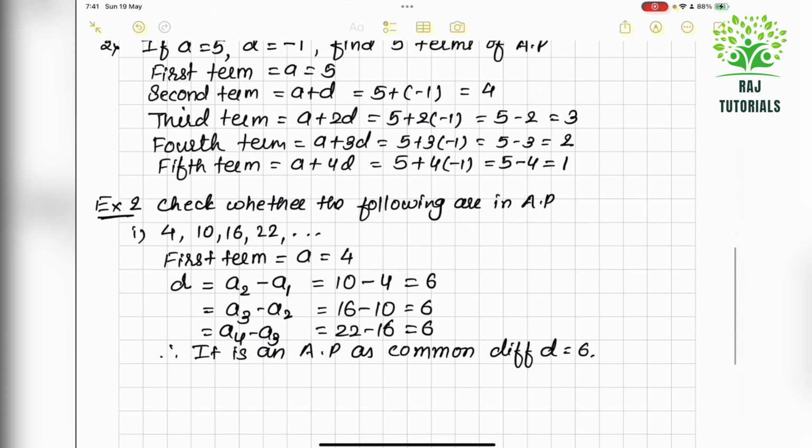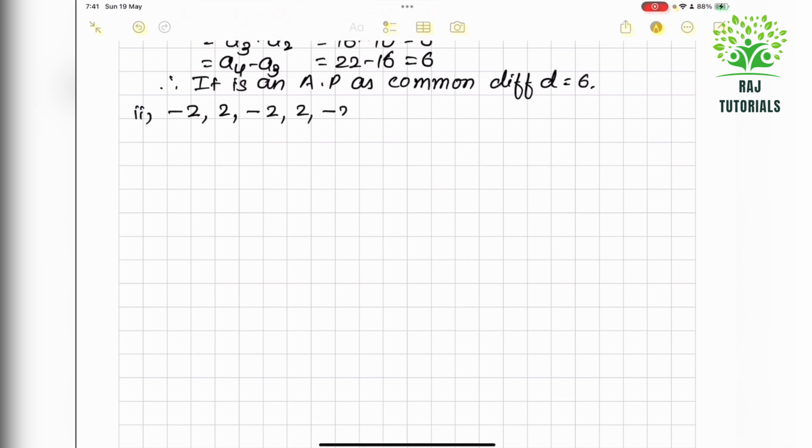Now the second one. In that I am given minus 2, 2, minus 2, 2, minus 2. Like this some series is given. So see, here D will be A2 minus A1. So that is 2 minus of minus 2. So that will be 2 plus 2, 4. Now A3 minus A2.